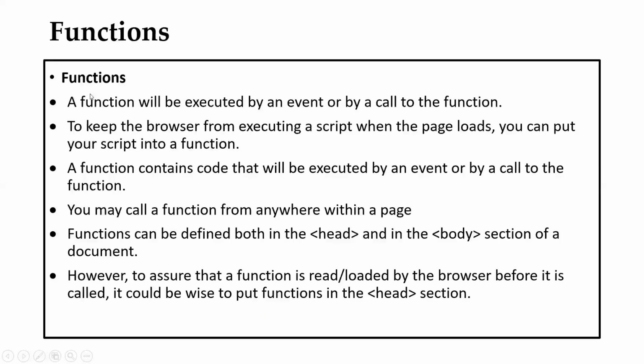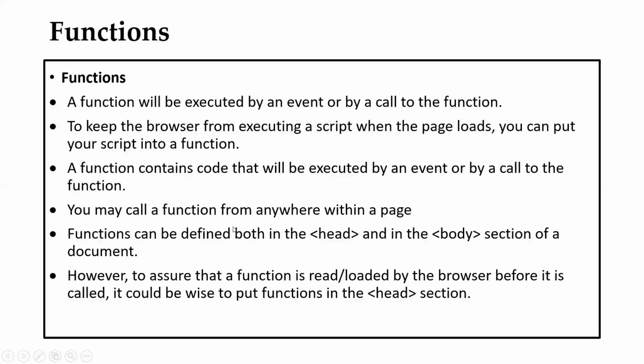Functions. Functions are executed by an event or by a call to the function. To keep the browser from executing a script when the page loads, you can put your script into a function. A function contains code that will be executed by an event. An event means the user clicks a button or calls the function.